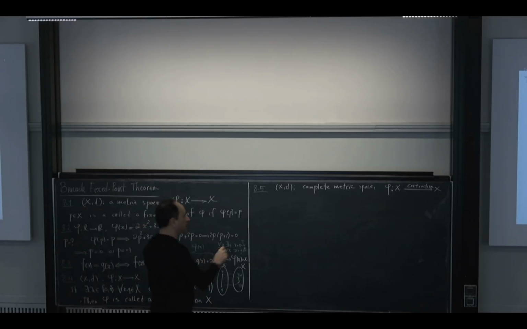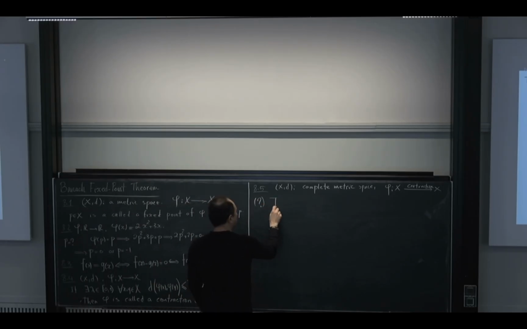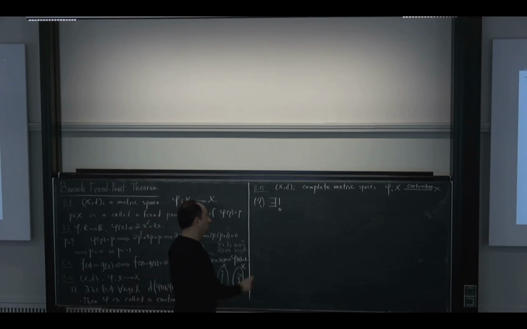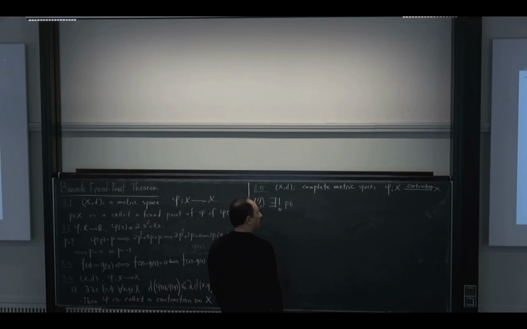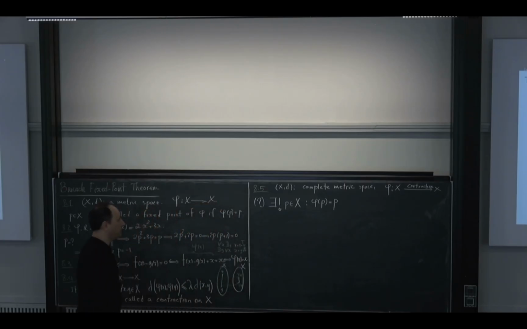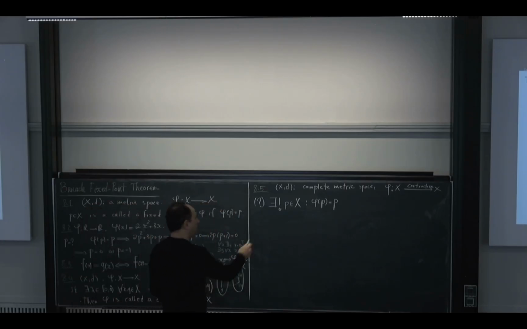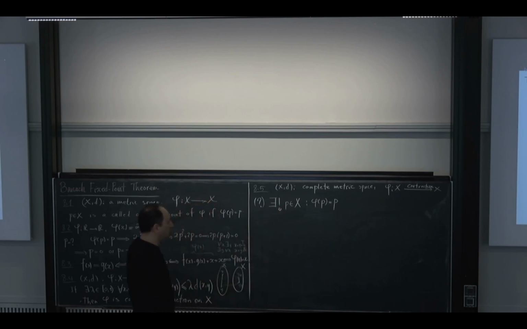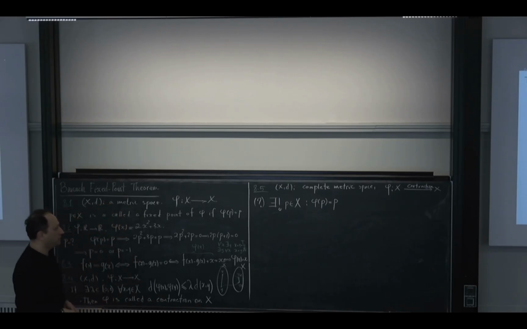So the claim is this: there exists, this exclamation mark means one, there exists only one p in X such that phi of p is p. So that is what we want to prove. There exists a unique p in X such that phi of p is equal to p.